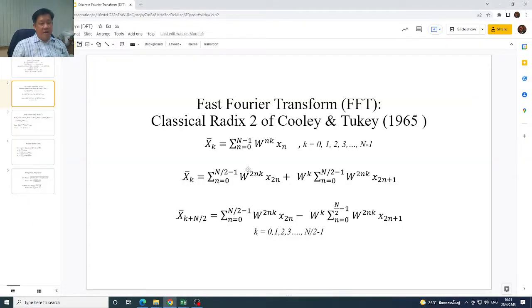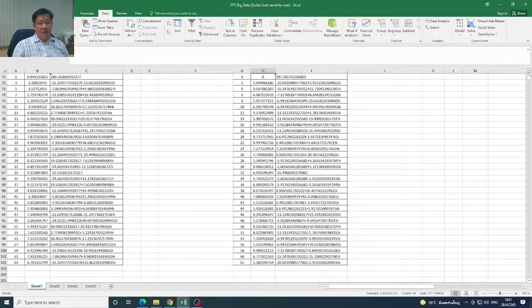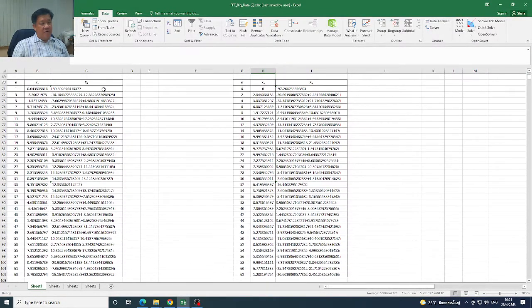When we have separated the two groups, the first group and the second group, in each group of 32 we perform FFT Fourier analysis for each of these summations. That's the result of this one. We get this as the first group, and this one we get for the second group.